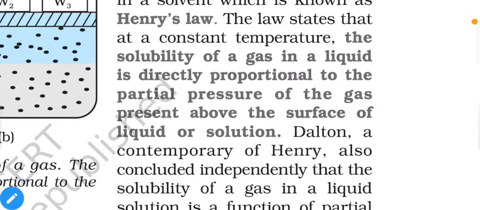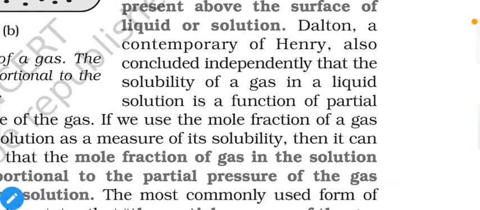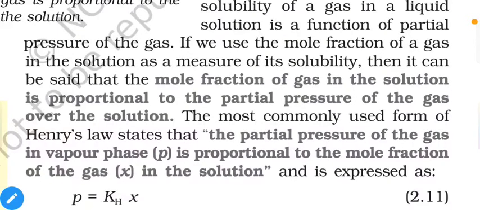That means if we have A and B, two different gases, then the contribution of A in the total pressure is the partial pressure of A, and the contribution of B is called the partial pressure of B. Dalton, a contemporary of Henry, also concluded independently that the solubility of a gas in a liquid solution is a function of the partial pressure of the gas.